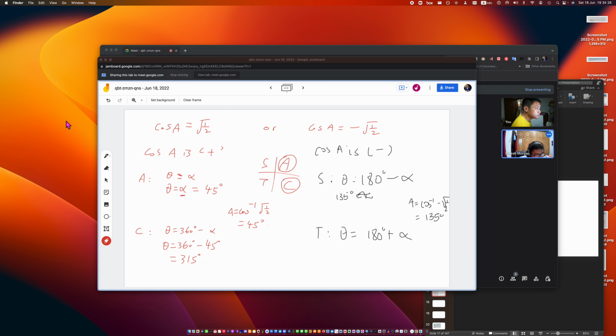There is an undo, yes. So by doing this, you get your alpha. With this, I think you can figure out the T quadrant theta as well.